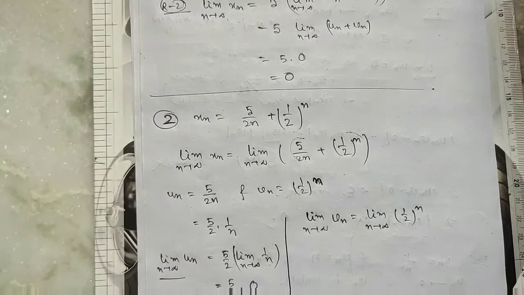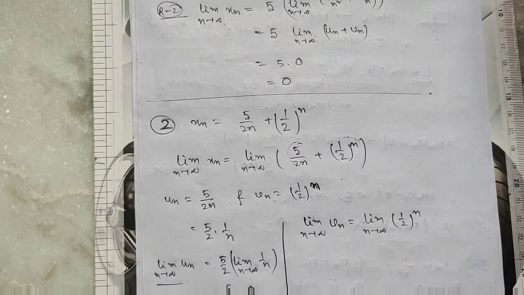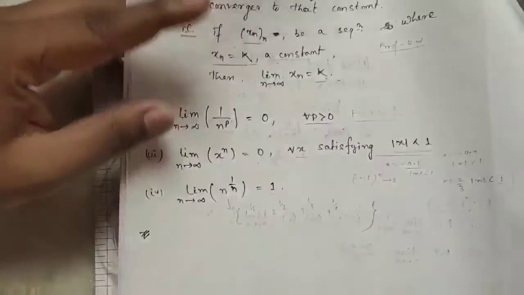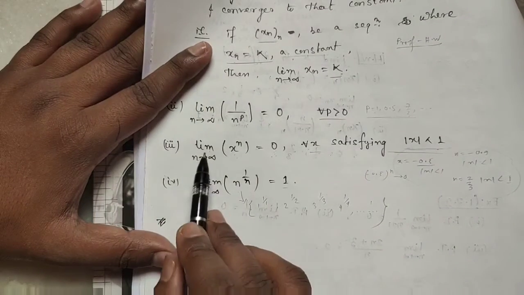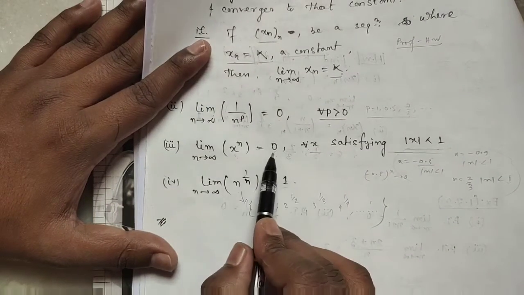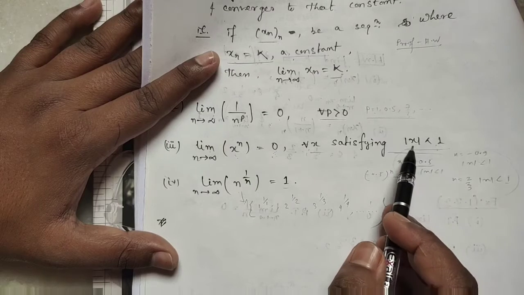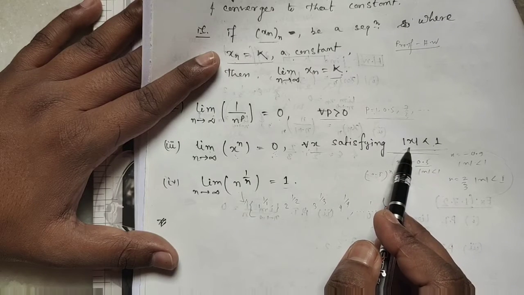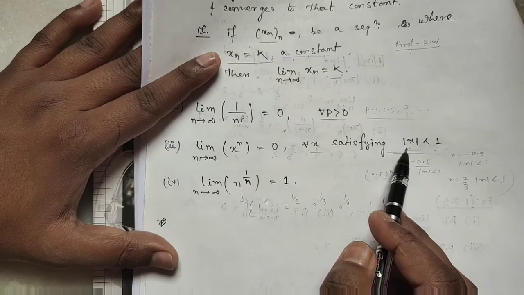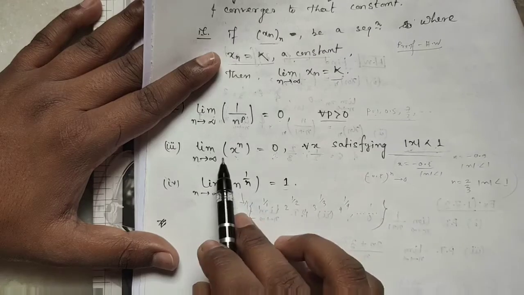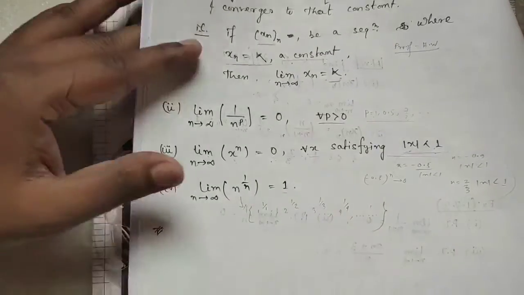Okay, clear? So this is also 0 because in the previous class we have a result: limit n tends to infinity x to the power n equals 0 for all x satisfying mod x less than 1. For such x, such that mod of x is less than 1, limit x to the power n equals 0.